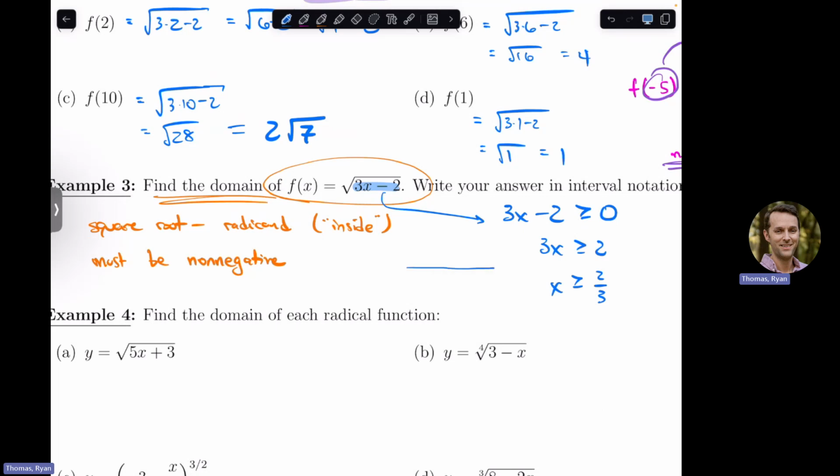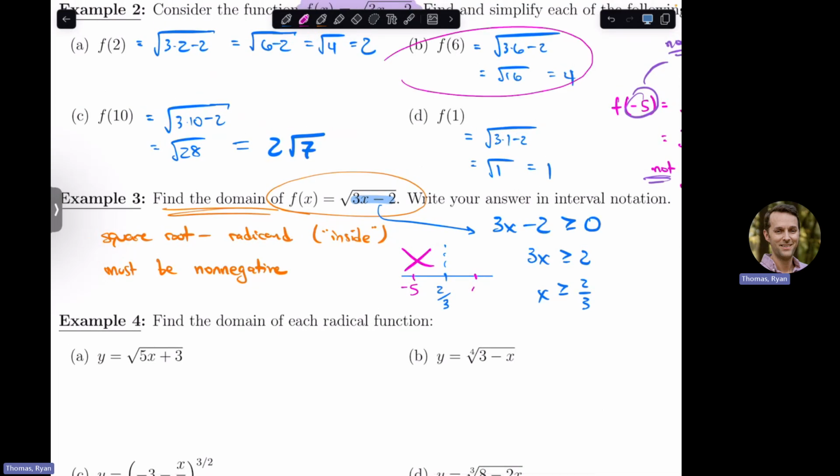What that says is that x needs to be greater than or equal to 2/3, or if you're not crazy about the inequality thing and interpreting it that way, think of it as it tells me that 2/3 is important, and then try something on either side. Like we plugged -5 in a second ago, and we got the square root of a negative number. That's not a real number. That doesn't work. We also plugged in a bunch of other stuff, and we got things that did work.